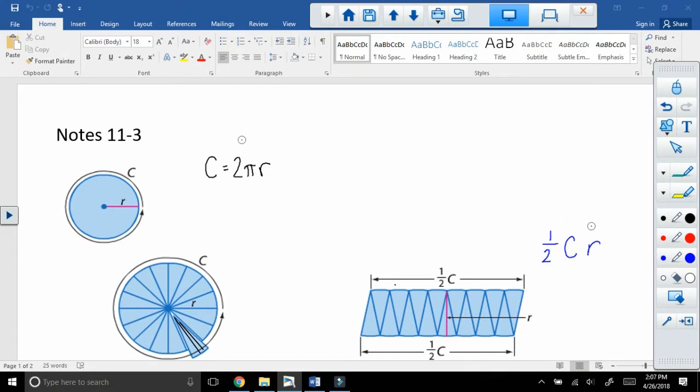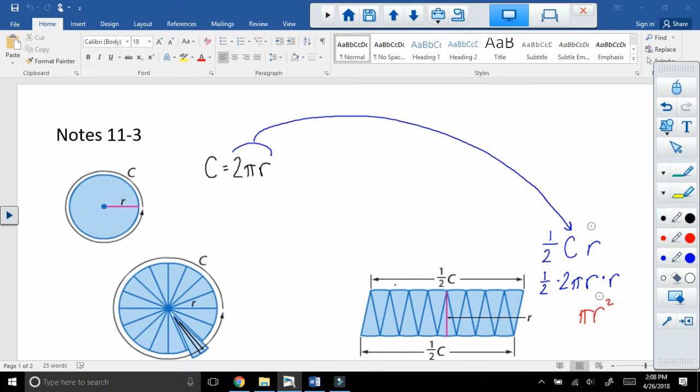If I then take this formula and plug that in for circumference, I have half of the circumference being 2 pi r times the radius. And if I simplify this, it would be pi times the radius squared.